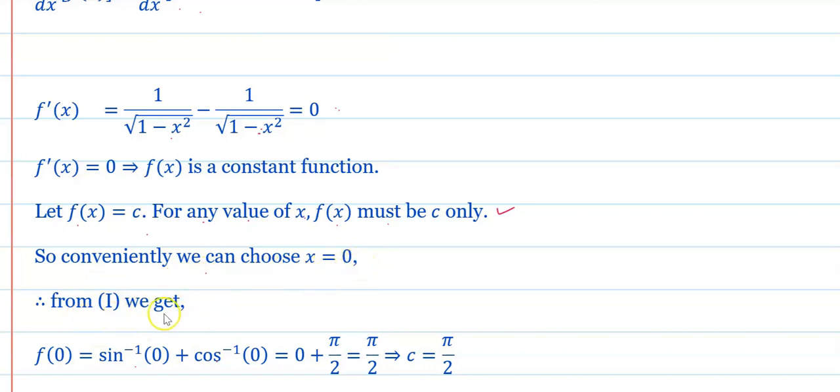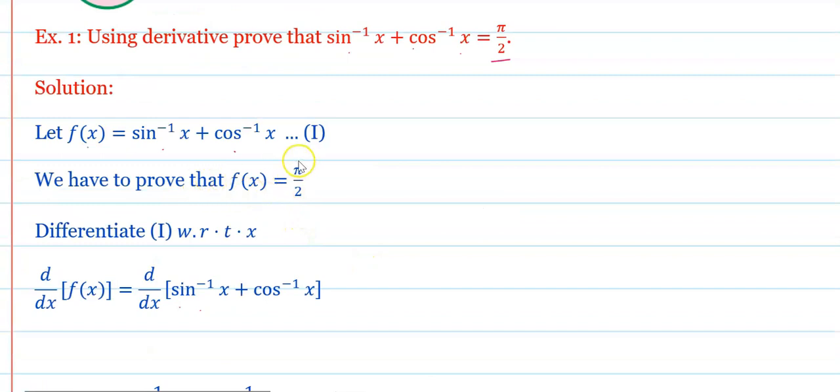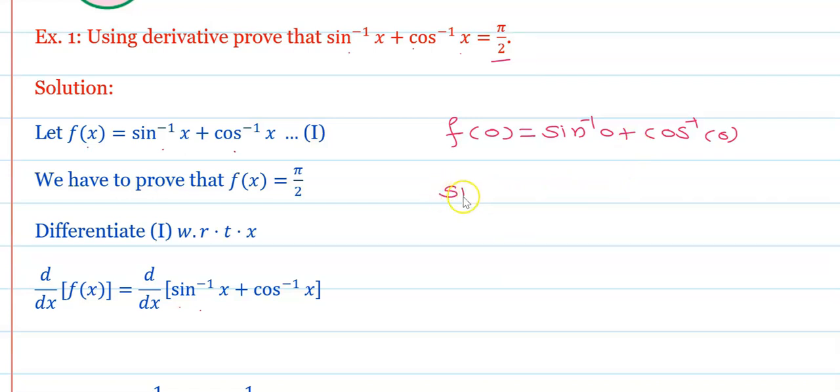And therefore from 1 we get, if I substitute here, f of 0 is equal to sin inverse of 0 plus cos inverse of 0. But now what is the value of sin inverse of 0? मी जर तुम्हाला असा प्रश्न विचारला, what is the sin 0?